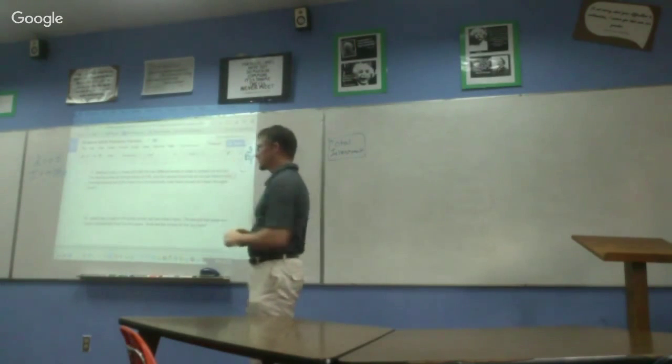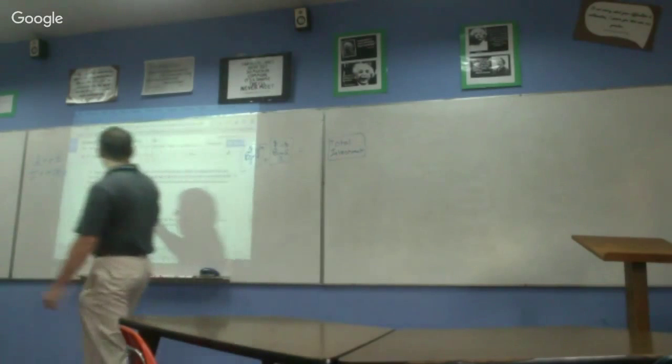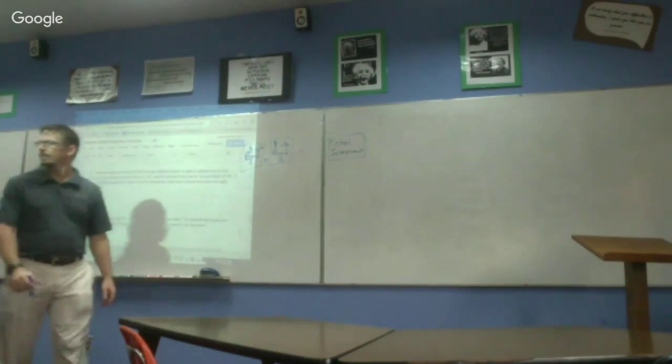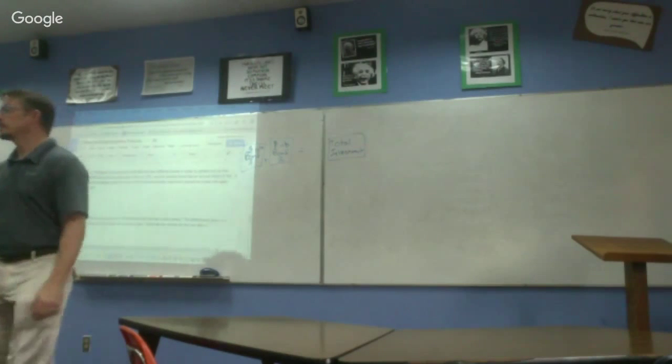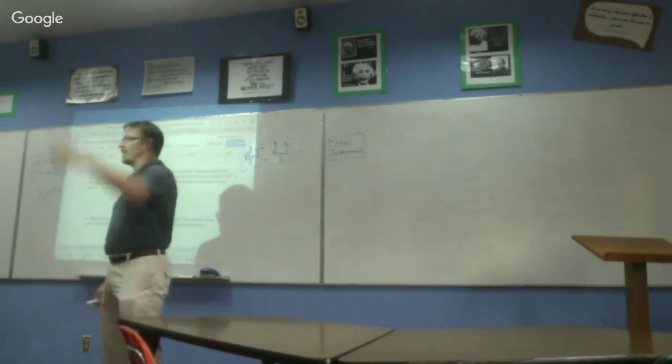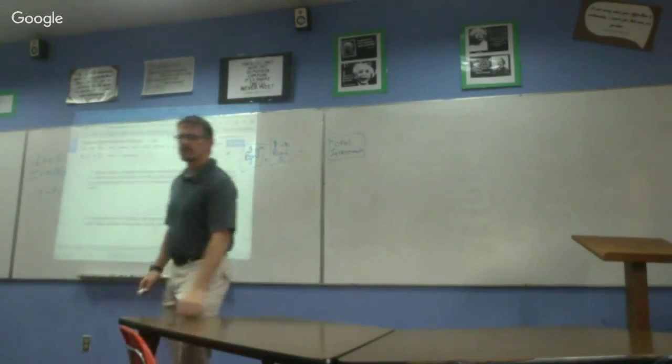So for this problem, we can say that our interest is equal to principal times your rate. Principal means what? The amount you put in, the monetary amount that we're putting in there. How much did we put in there?